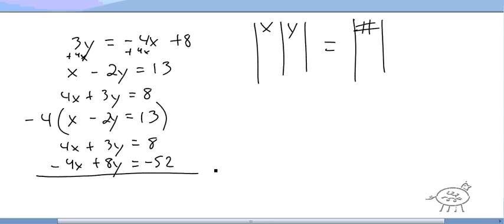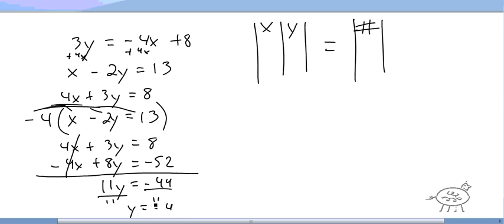Okay, be careful of the bigger numbers. Make sure you multiply and distribute that negative 4 with all the terms. Very important. So the x's cancel, and we get 11y is equal to negative 44. Divide by 11, y is equal to negative 4. Okay, and then we plug it back into one of the other equations. I'm going to plug it back into this equation.